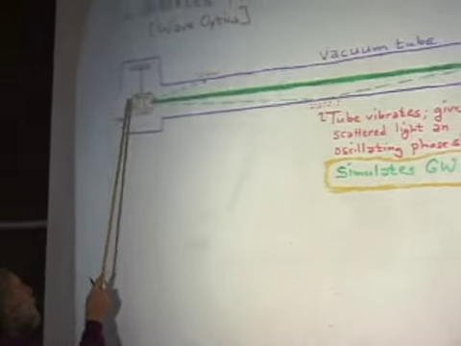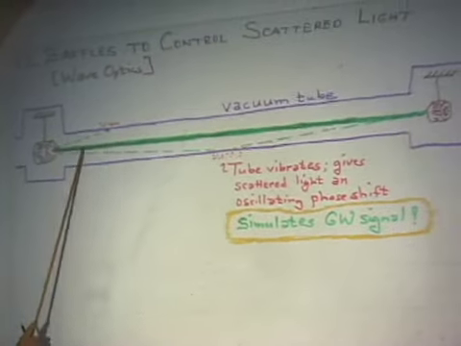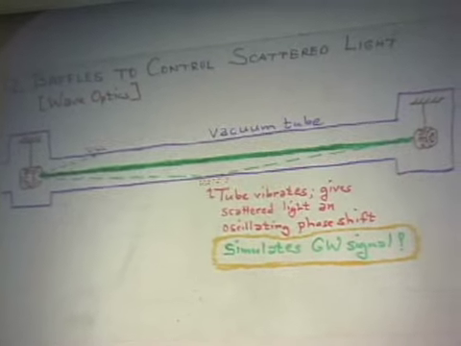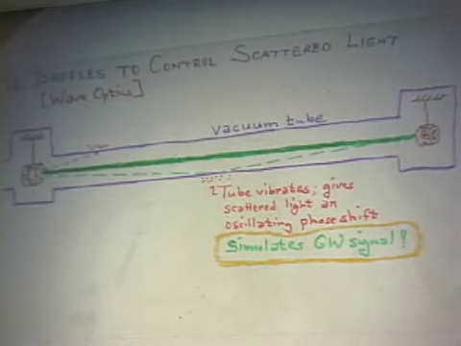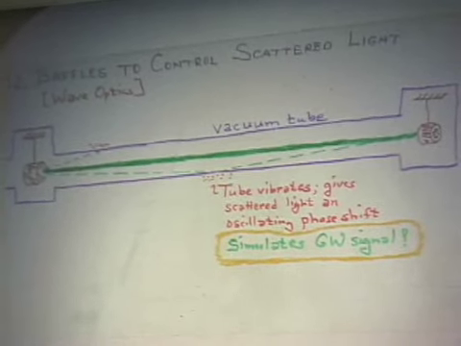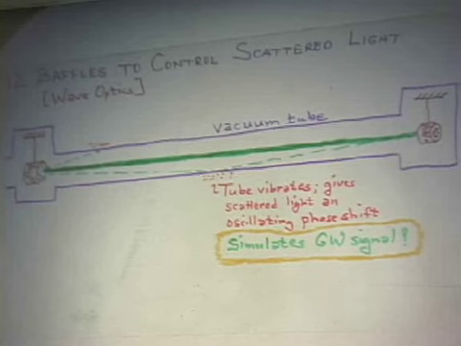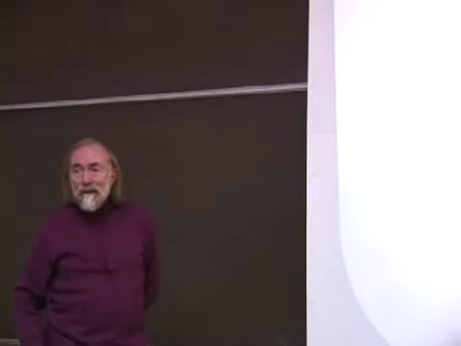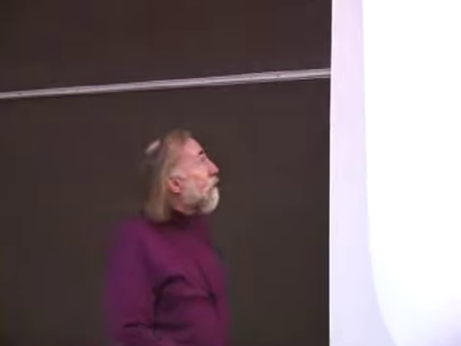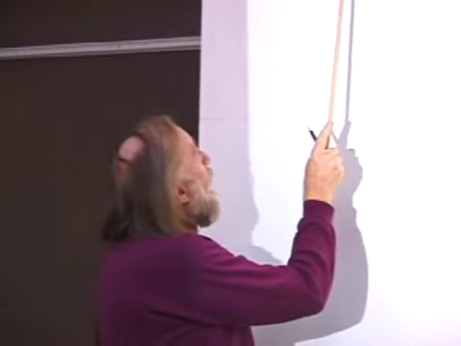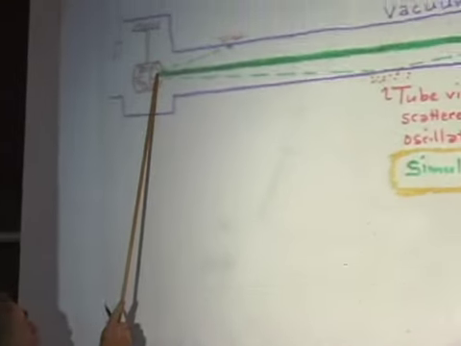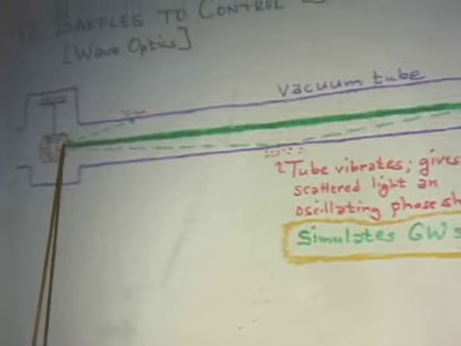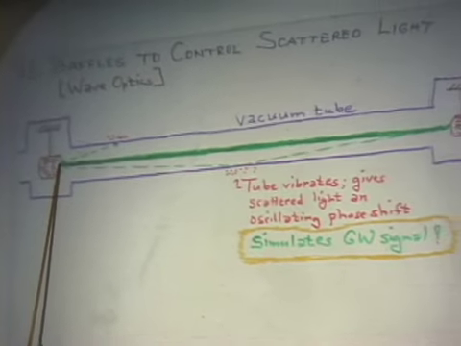Remember that the amount of light stored in there is something like 10 to the 18 photons. So there are a lot of photons in there. And probability 10 to the minus 7 to scatter means there are something like 10 to the 11 photons that actually scatter every time the light bounces off the mirror. So light can scatter off of this mirror, 10 to the 11 of them.